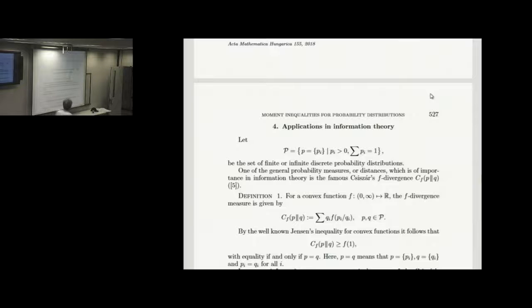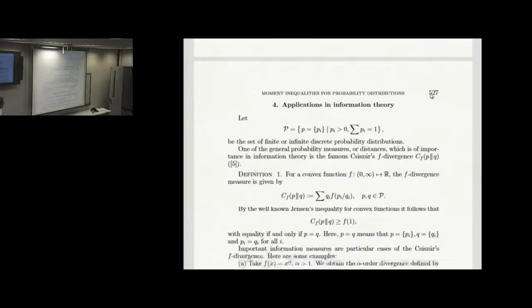Convex function. And now we have examples. If we take x to the alpha now, not s, alpha is greater than 1, we obtain the alpha order divergence, defined like this. And this is the notation of it.